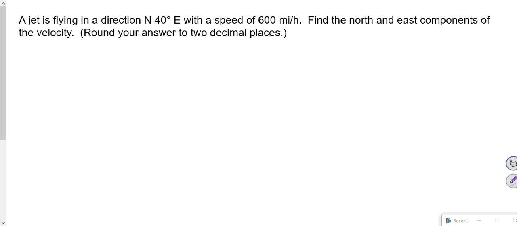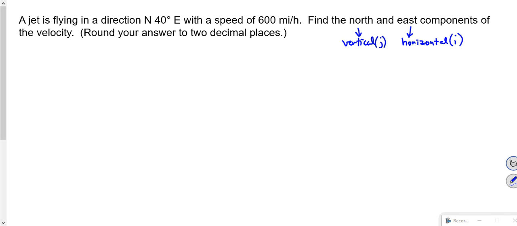Now, north is another fancy word of saying vertical, and east component is a fancy way of saying horizontal. So this is like my horizontal, my I, and my vertical is like my J.